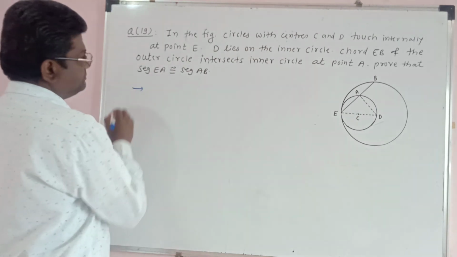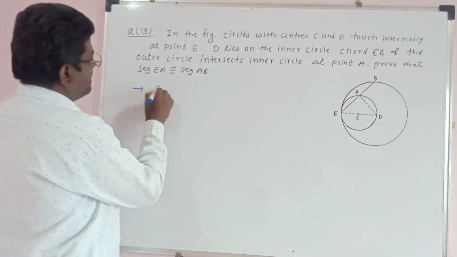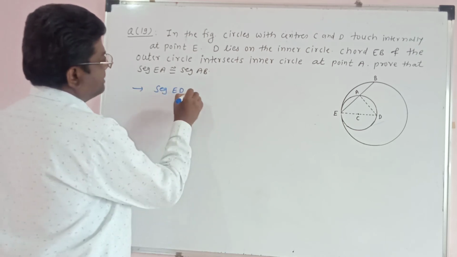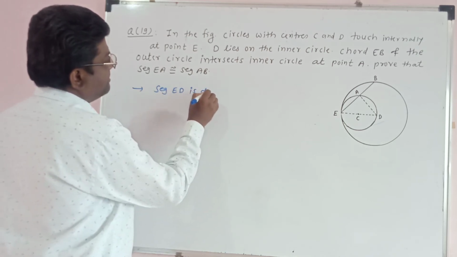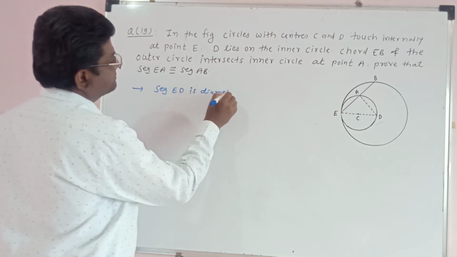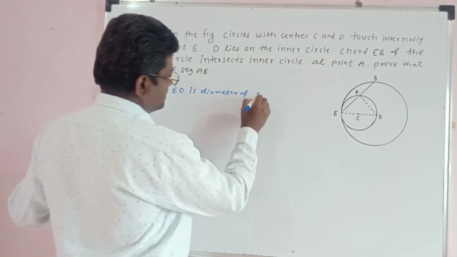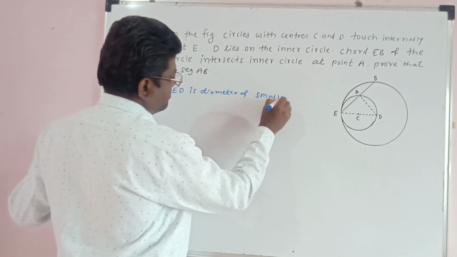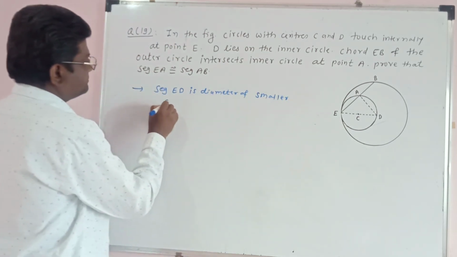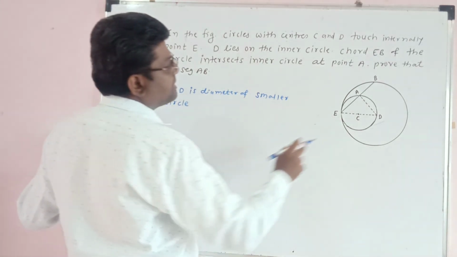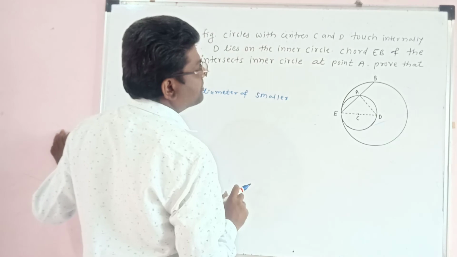Now segment ED is the diameter of the smaller circle.